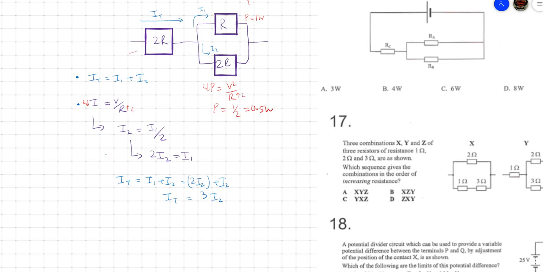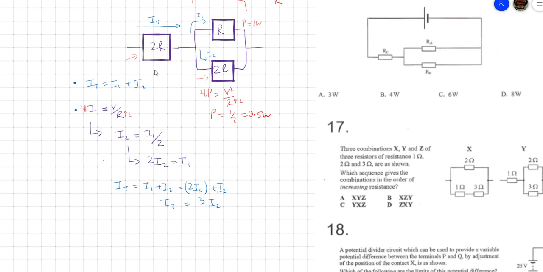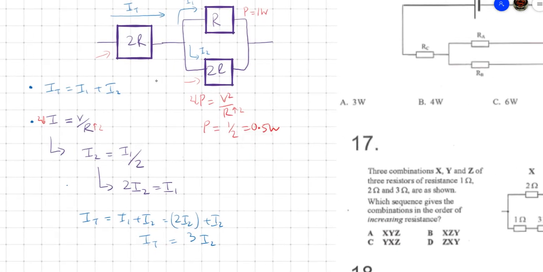Now we're going to look at this resistor and this resistor, because they have the same resistance. So we can apply the equation in the corner here: P is equal to I squared R. We apply this equation to these two because they have the same resistance, so power is proportional to I squared. The resistance is 2R for both of them.